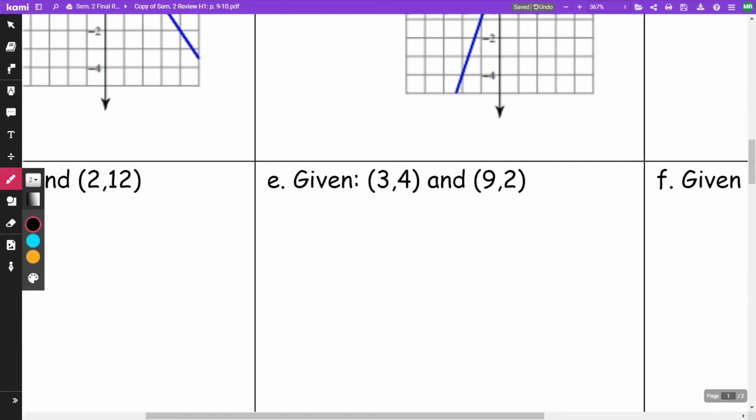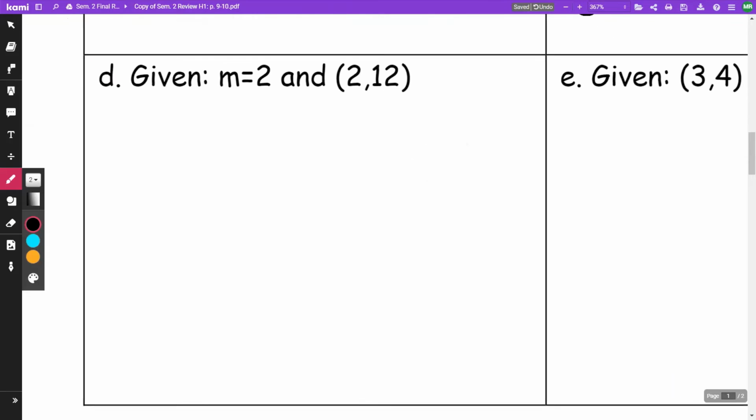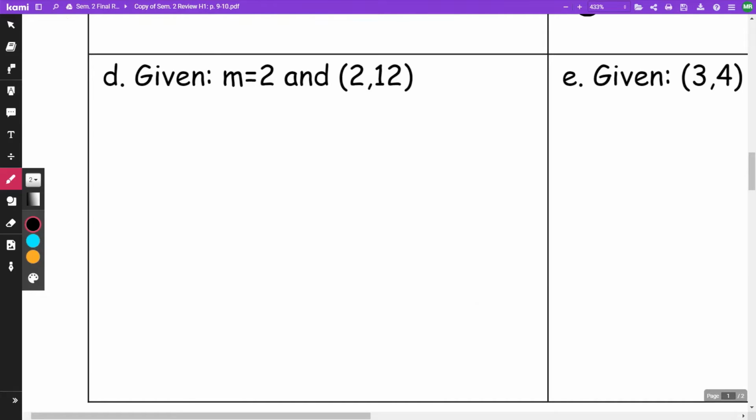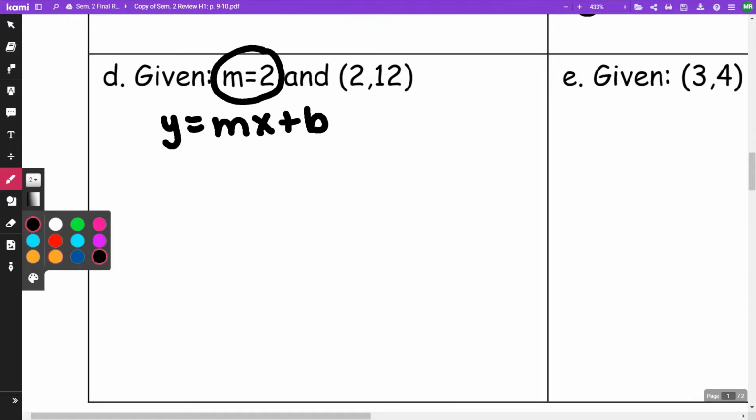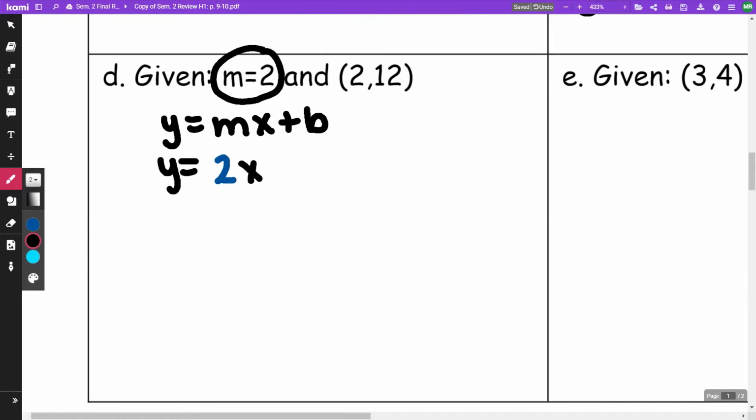On D, E, and F, for these ones, they are giving me the slope. So I am going to substitute the slope into the equation y equal mx plus b. So I am going to have y is equal to 2x plus b. I need to find my b.